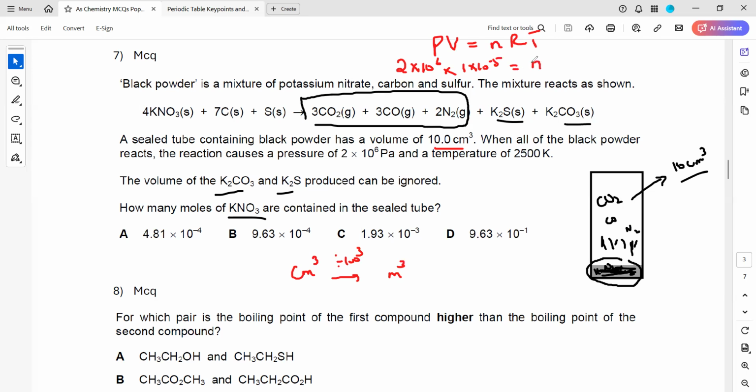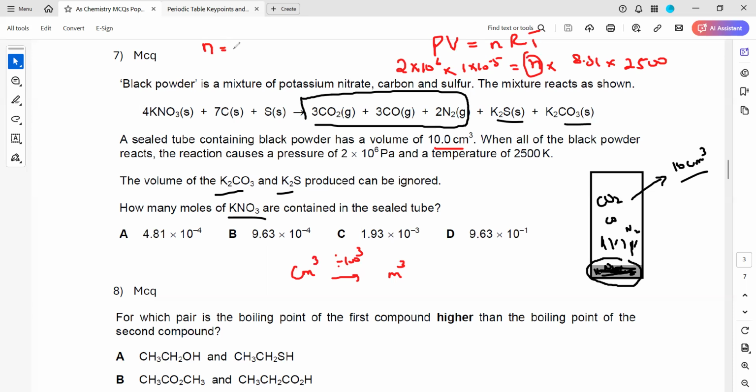n is the total number of moles of the gases, which include carbon dioxide, carbon monoxide, and nitrogen. R is the gas constant, 8.31, and T is the temperature, which should be in Kelvin and is already in Kelvin. So we find the value of n: 2 times 10 to the 6 times 1 times 10 to the minus 5, divided by 8.31 times 2500.